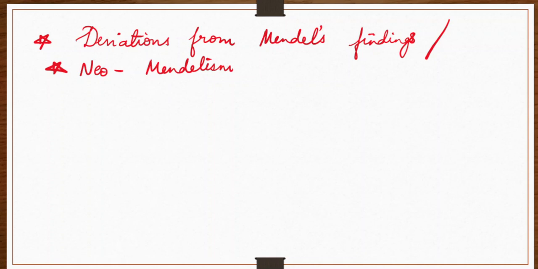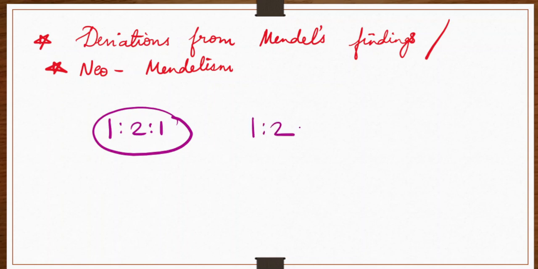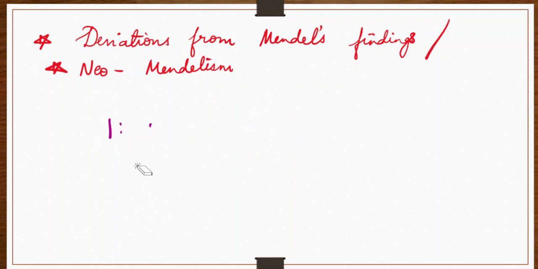Deviation means that Mendel's law is a standard thing, and we got some other result from the standard. Let us say if it was a 1 is to 2 is to 1 phenotypic ratio, we got some other ratio. That is known as deviation from Mendel's findings.